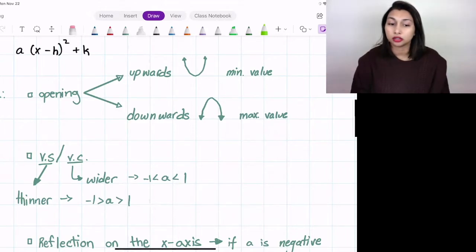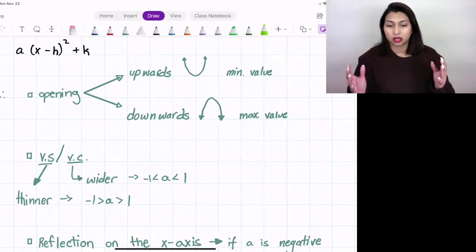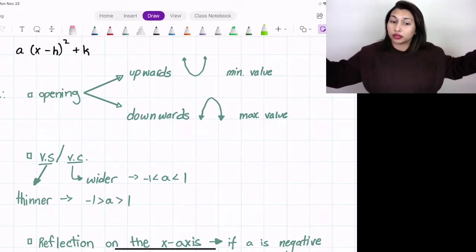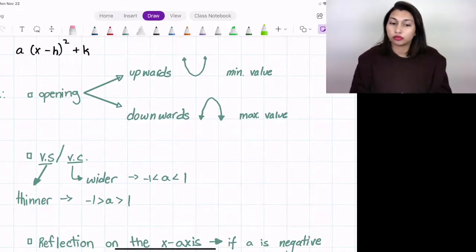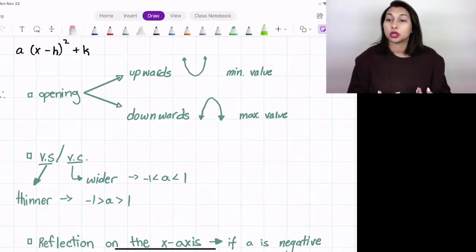It will look thinner when the value of a is greater than 1, or less than -1. In other words, if the absolute value of a is more than 1, it will have a stretch.